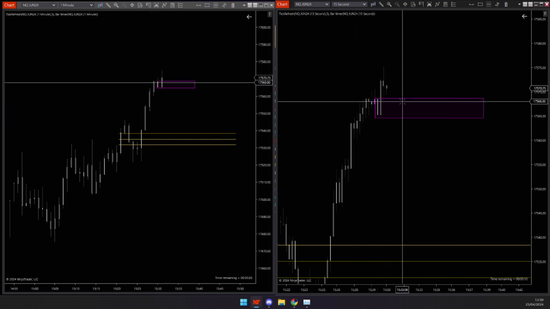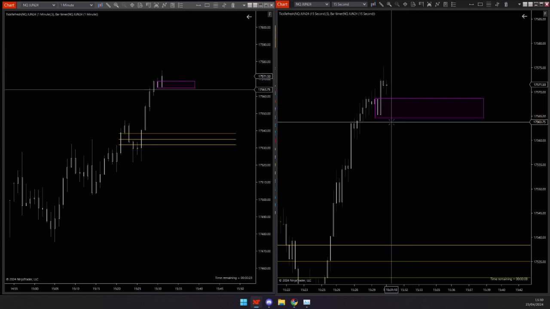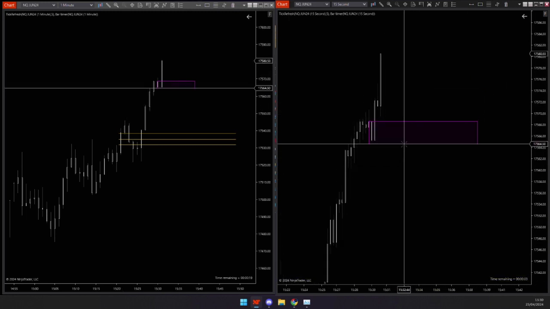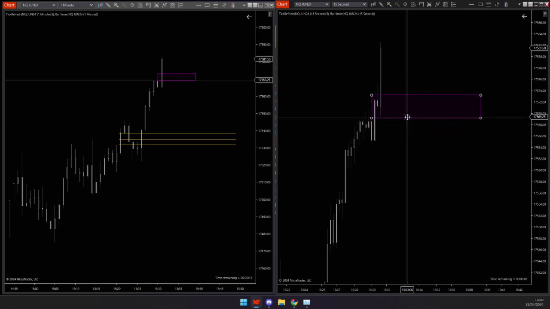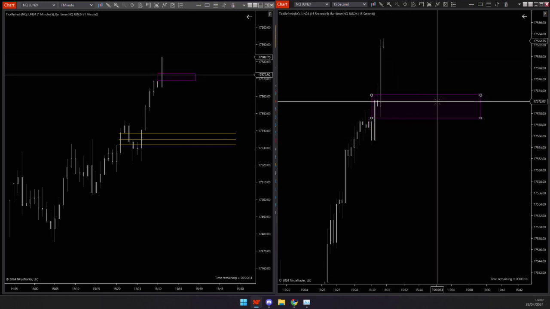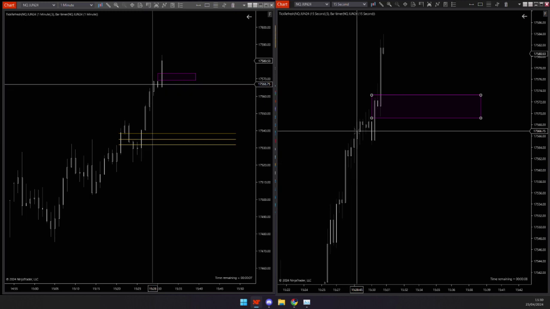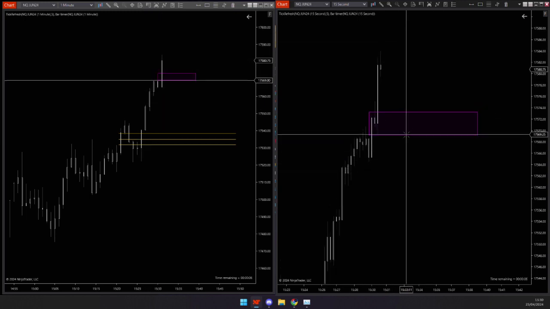But I'm putting these zones here because that's how I'd wait for a body closure. Basically, I'm looking for a pullback into the zone, and then the same entry criteria that I was talking to you about. But when in a trending environment, you don't need a low to be taken.